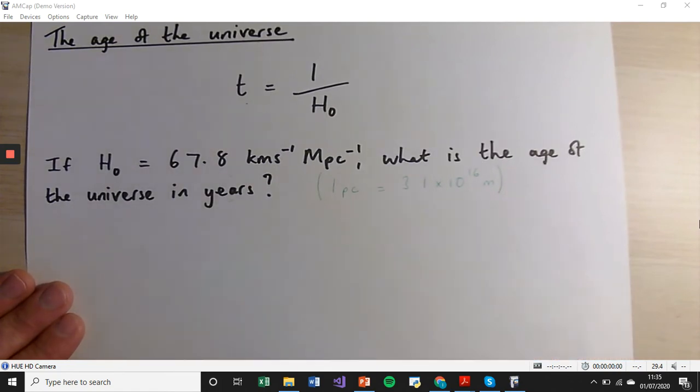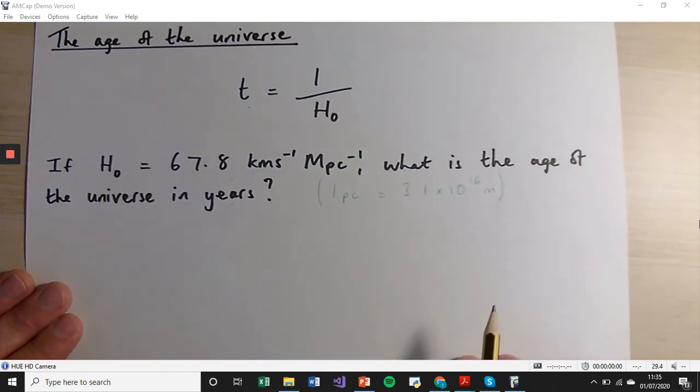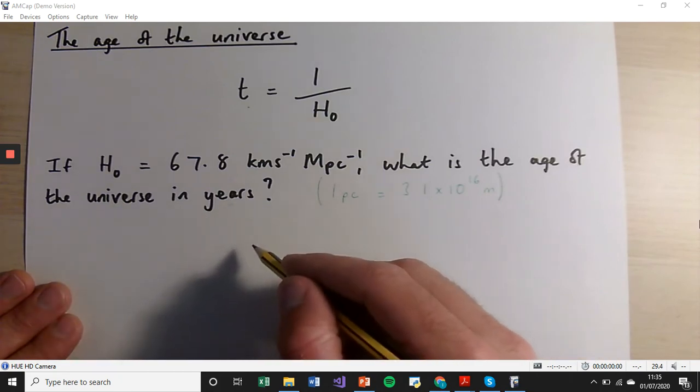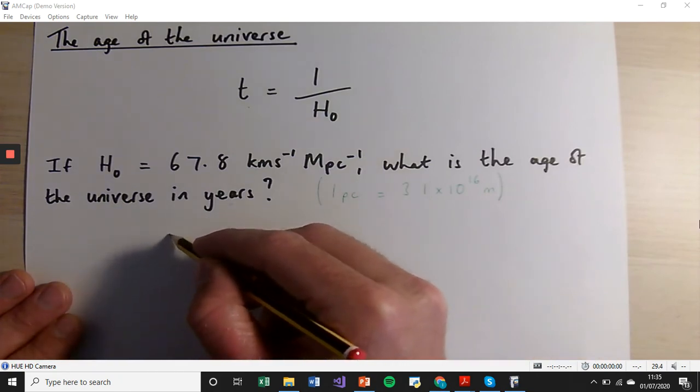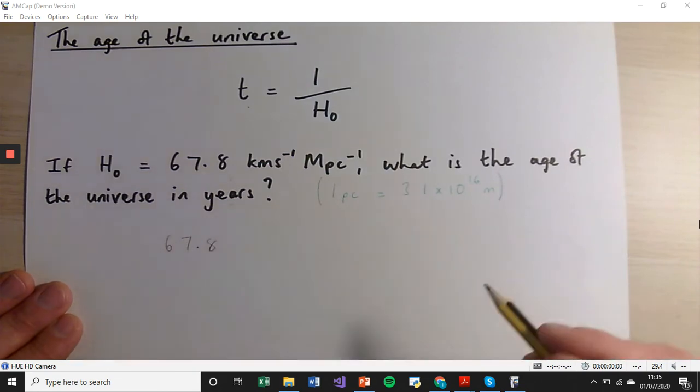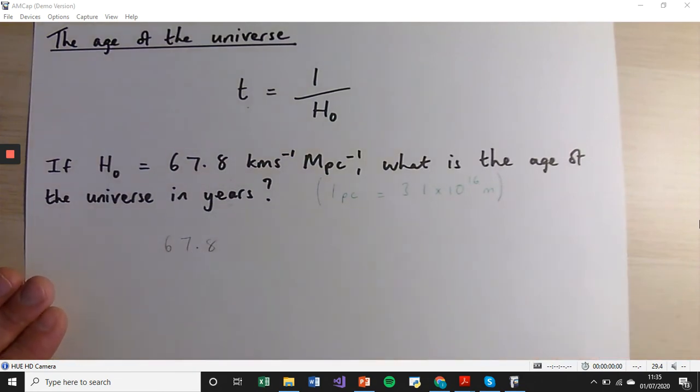To convert the Hubble constant into proper units, and this I would say is the hardest kind of question we get on this topic, we start off with the Hubble constant as 67.8 kilometers per second per megaparsec. The way we do this, you want to break this down into chunks.